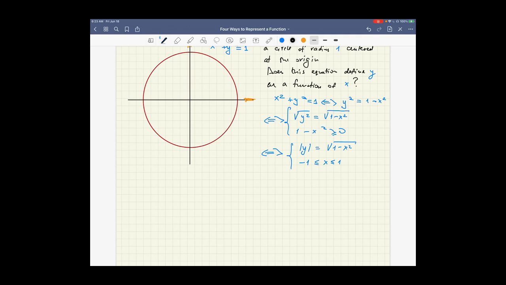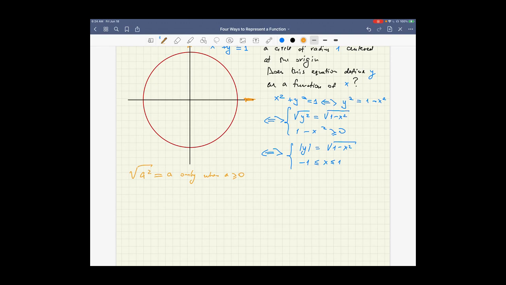Remember again, root of a squared is not a in general. Root of a squared is a only when a is non-negative.